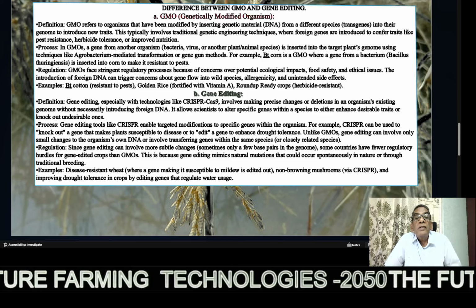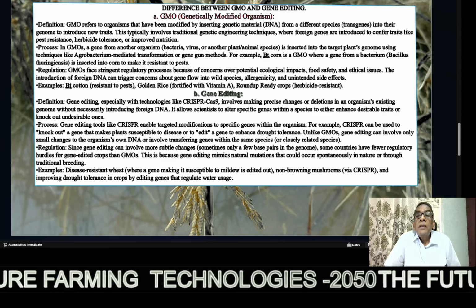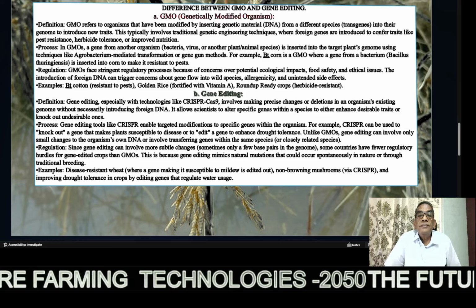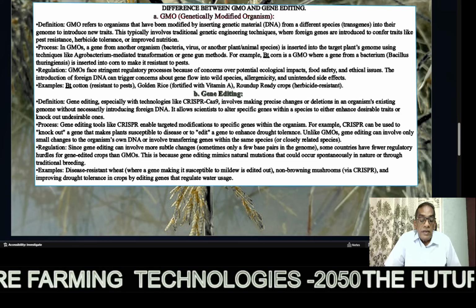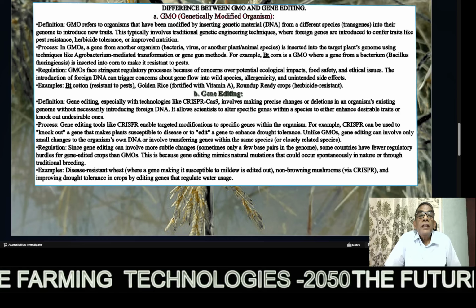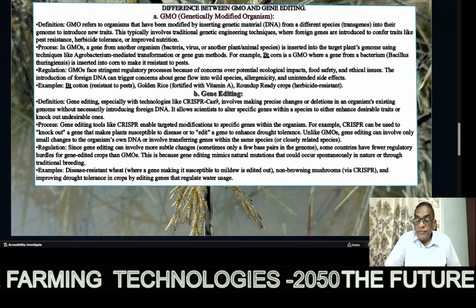This is the difference between GMO and gene editing. What is GMO? Genetically modified organism, and gene editing. There is a difference between GMO and gene editing.